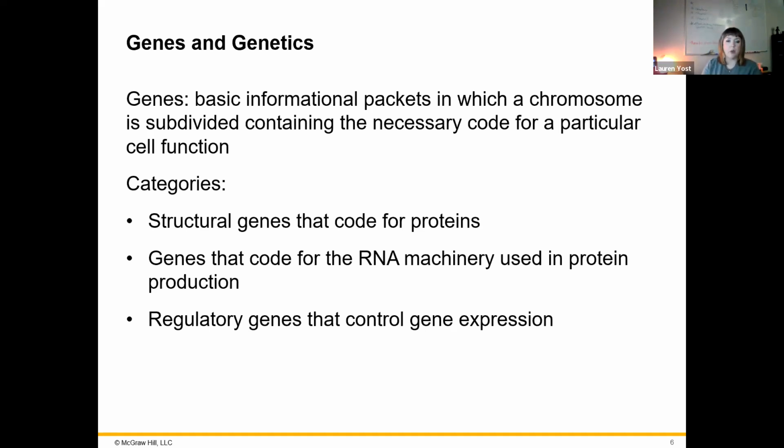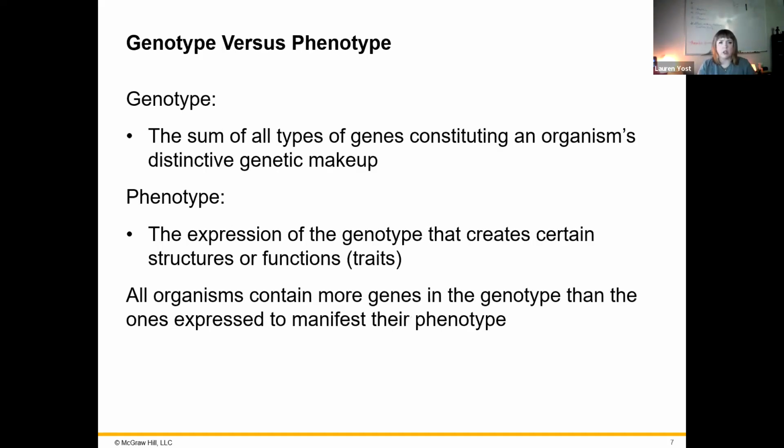We'll get into how that works soon. And then regulatory genes actually control gene expression. Those genes aren't necessarily expressing something in particular other than a repressor or something like that, but nothing that's going to function otherwise for the cell.